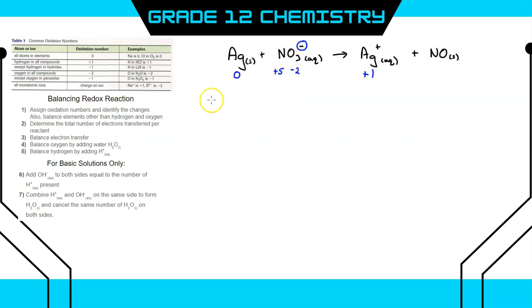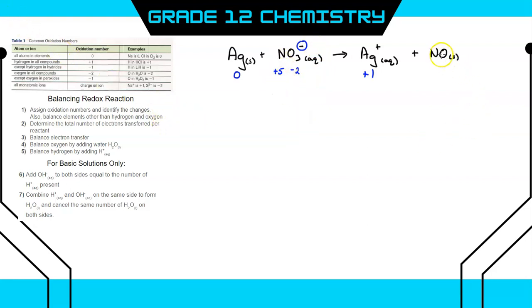We have 1 nitrogen, which gives us a charge of +5. And each oxygen has a charge of -2, and we have 3 of them, so let's multiply that by 3. This gives us a charge of +5 and -6, which is a total of -1, which is what we have right here. So that's how we determine nitrogen has a charge of +5.